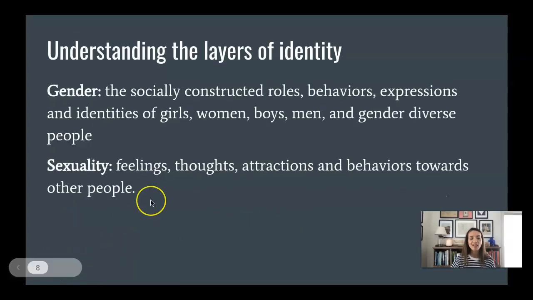And then gender and sexuality. Gender is a socially constructed role. Behaviors go along with that, expressions, and identities of girls, women, boys, men, and gender diverse people. Okay. And then sexuality, feelings, thoughts, attractions, and behaviors toward other people.